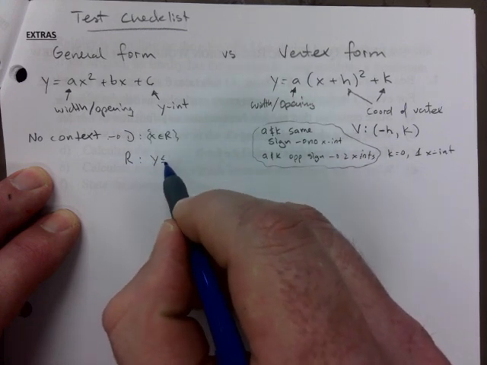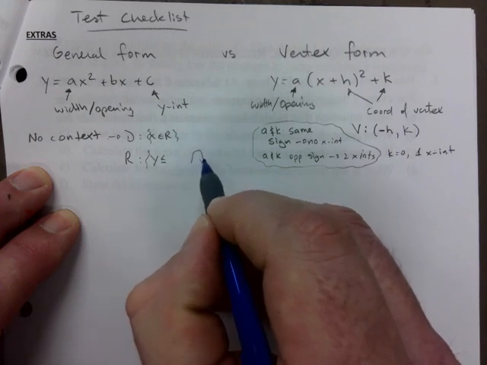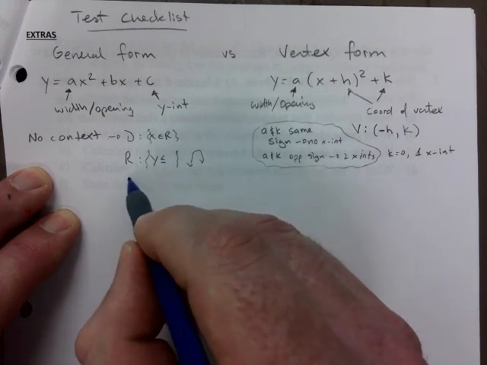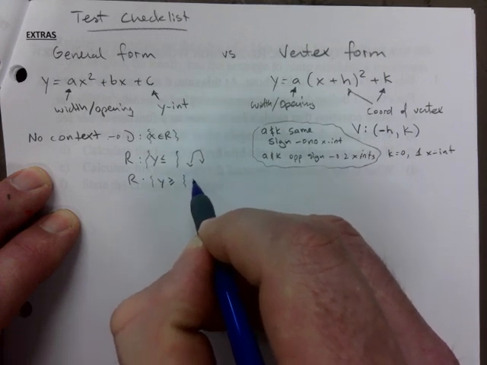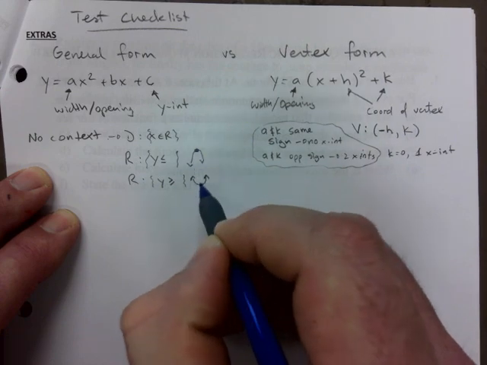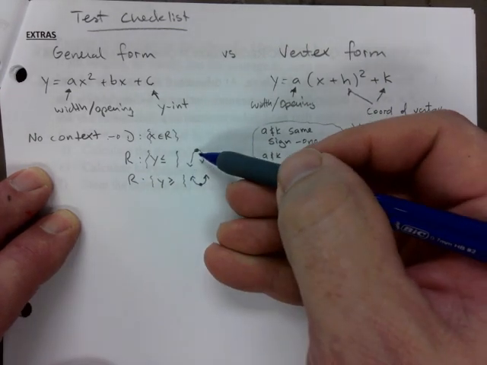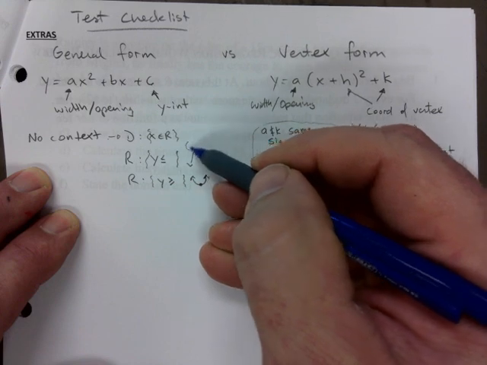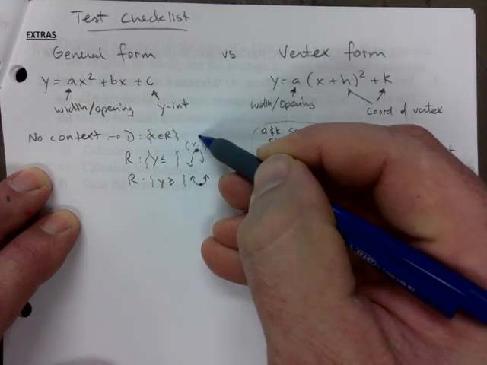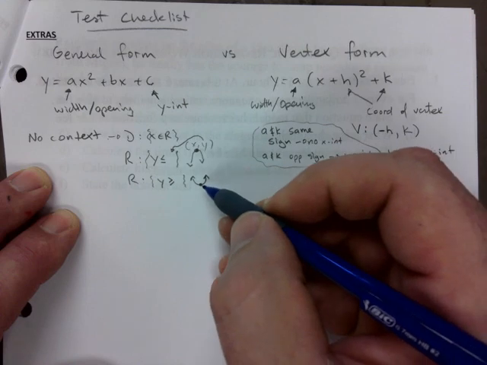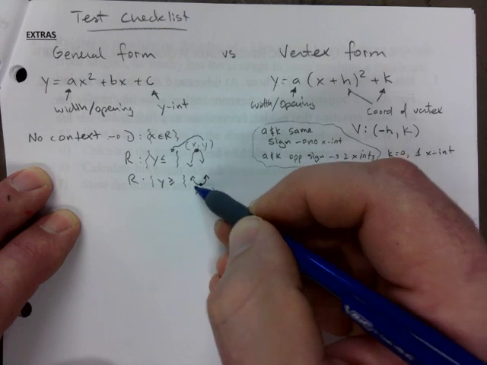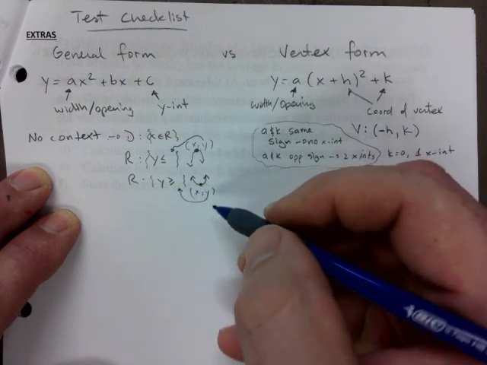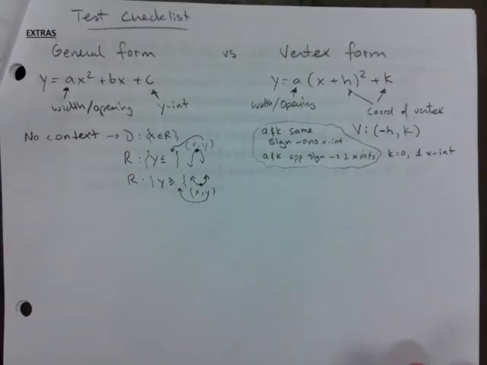Y is less than or equal to when the parabola is pointing down, and range would be y is greater than or equal to if it is pointing up. And it has to do with the vertex, right? The y value of the vertex, basically, is what would go in there. Okay, same goes for this one. So maybe I will be specific and say that goes there. So no context for domain and range. You should be able to get that.